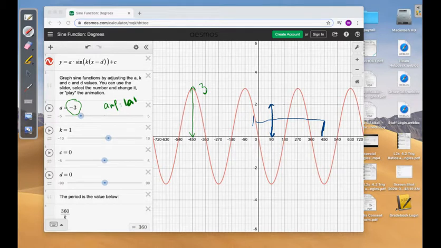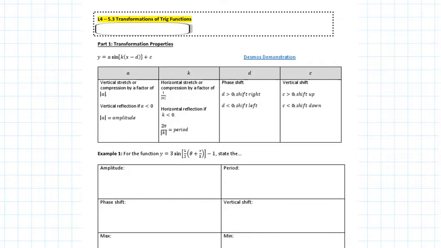All right, so let's go back here. Now k is, as we have seen before, k gives me a horizontal stretch or compression by a factor of 1 over k. Let's put it in absolute value.